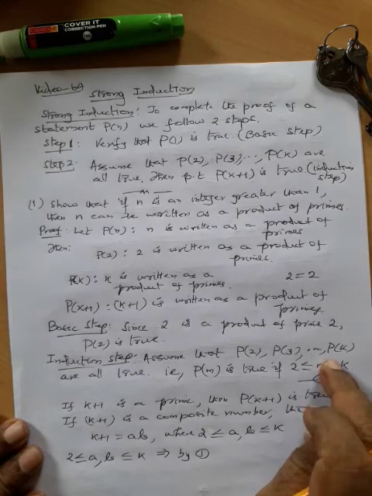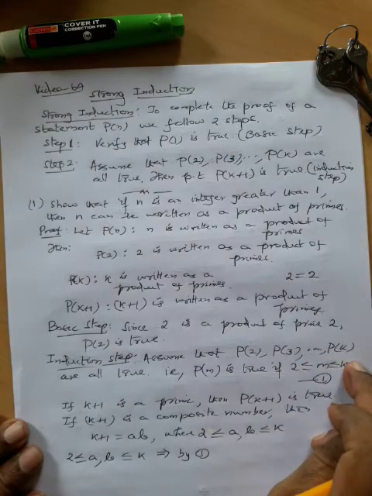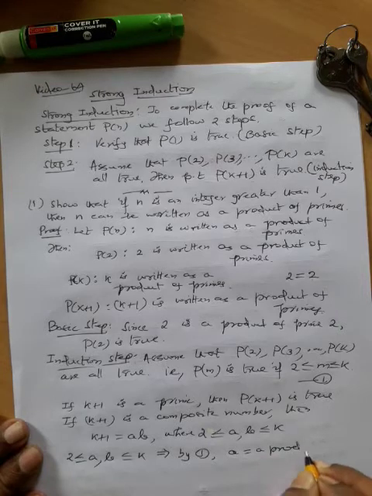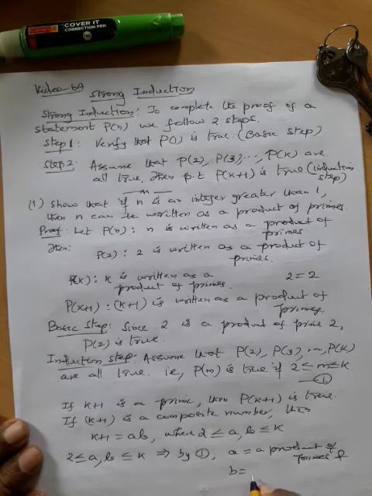whenever an integer is greater than or equal to 2 and less than or equal to k, by 1, a is equal to a product of primes, and b is equal to a product of primes.